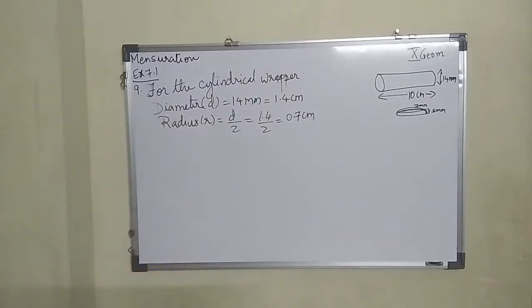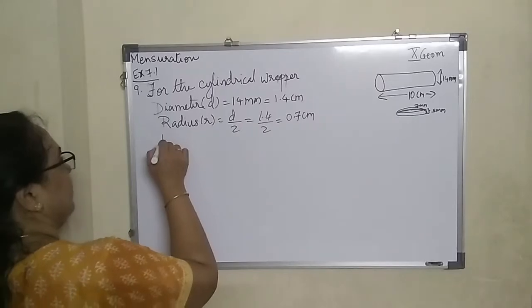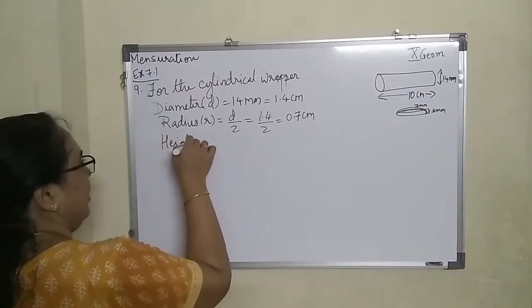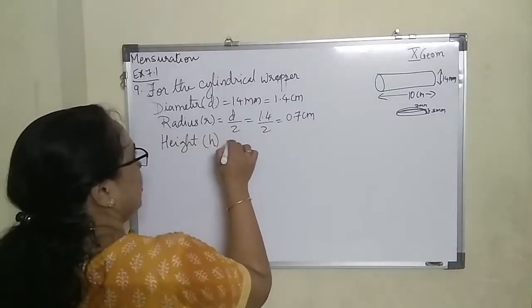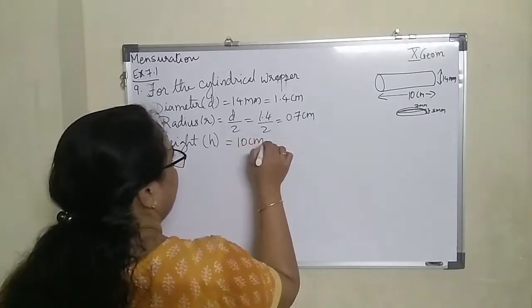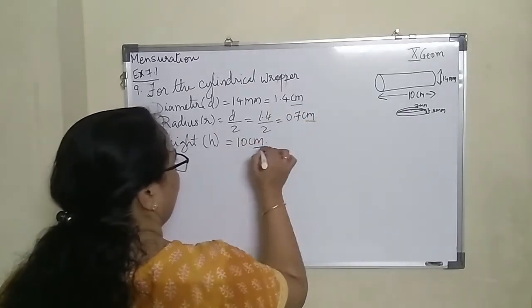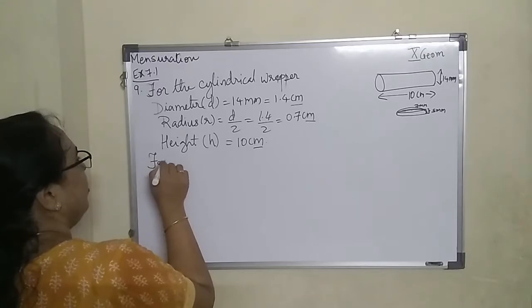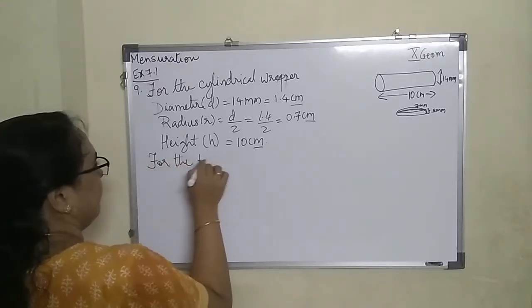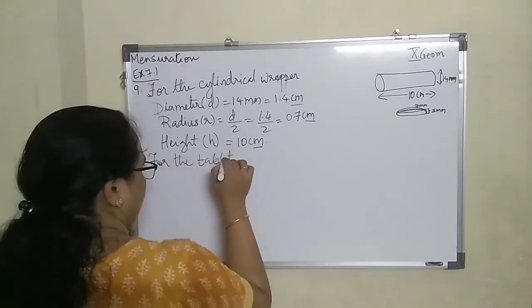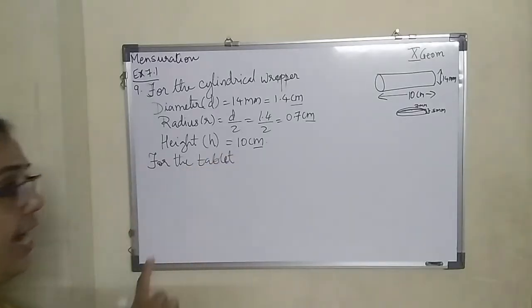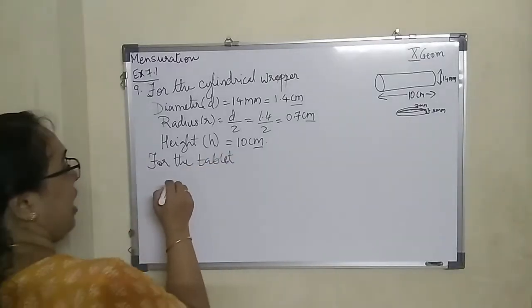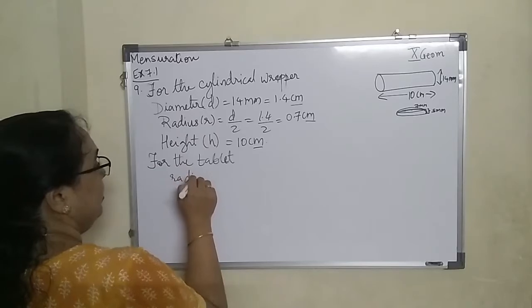This is for the wrapper. Height, that is the total length. Agreed or not? H is 10 centimeter. So all are in centimeter so far. For the tablet, also we need R and H. So what is R given for us already?